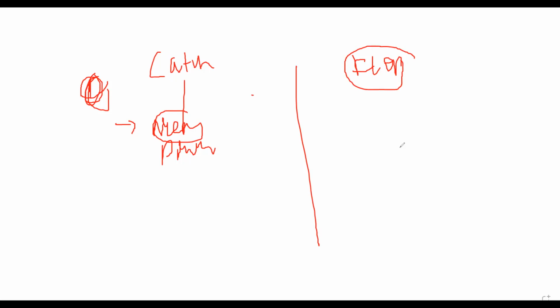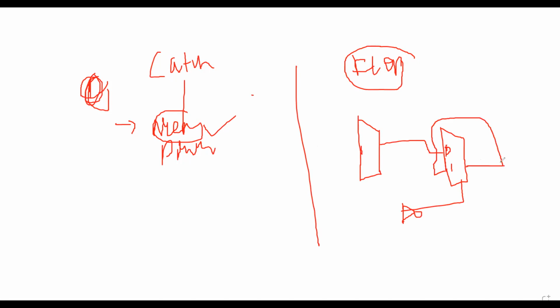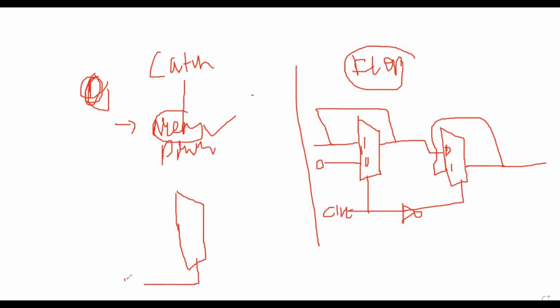Latch requires less area and less power, because if you just see any flop, this is a flop circuit, and this is a latch circuit.